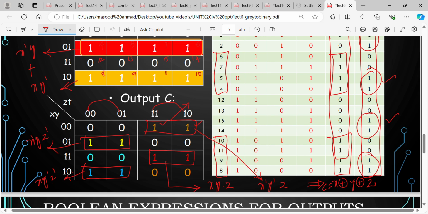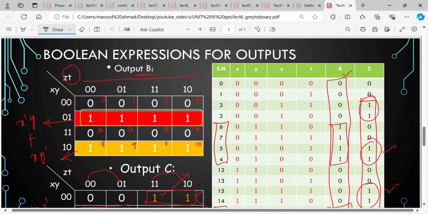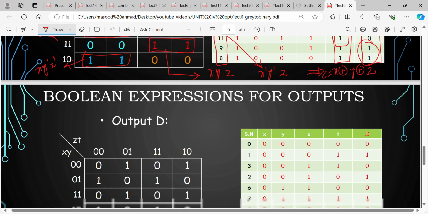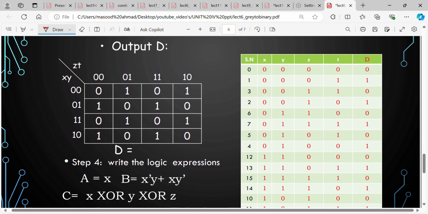What is the expression for B that we got here? The B expression is x bar y plus x y bar, which in turn is known as x exclusive or with y. Okay. Next, we look at the last one, which is D. Enter the values of D in the map, so those will be like this.